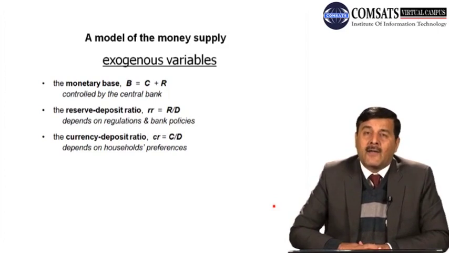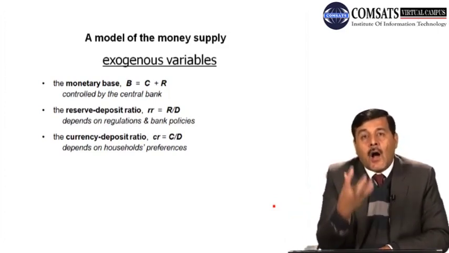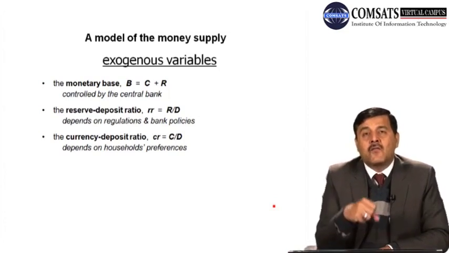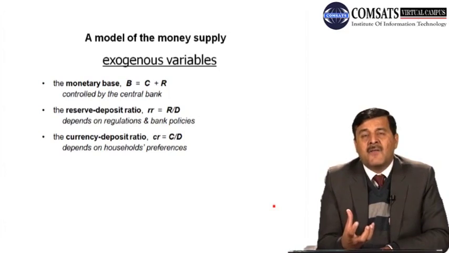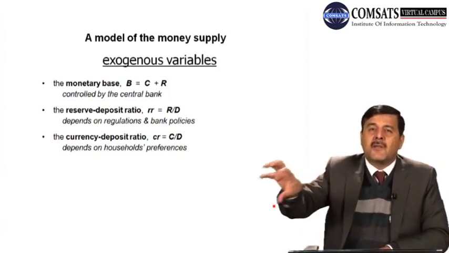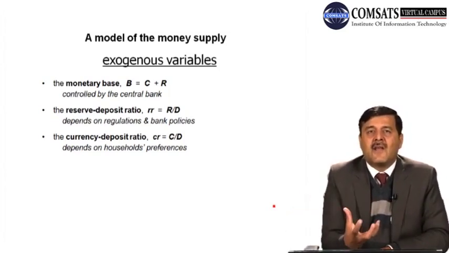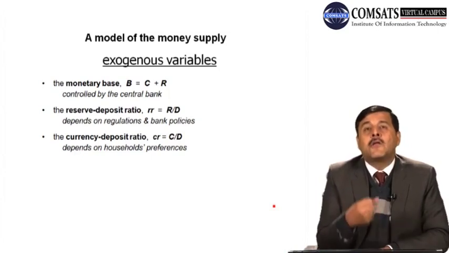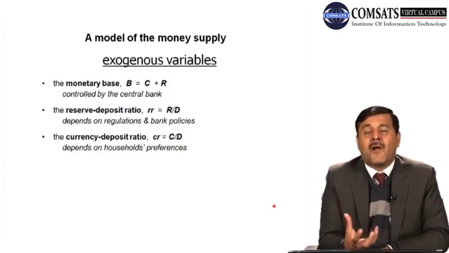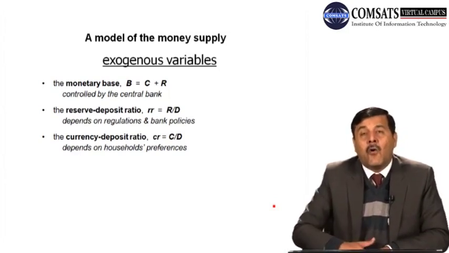Because it is up to the decision of the household or the individual how much money they want to keep with themselves, how much money they are demanding for their needs and necessities, right? And how much money they put in the bank as deposits, right? So it depends on the preferences. What are the preferences of the household? If they prefer to hold more money, to hold more deposit with themselves, of course the currency deposit ratio will be low, right?